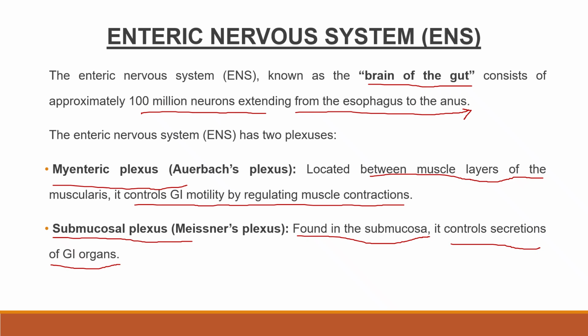The enteric nervous system is also known as the brain of the gut, and the myenteric plexus is present between the longitudinal and circular layer of the muscularis, and helps with GI motility by regulating muscle contraction and relaxation. And the submucosal plexus is the second set of nerves, found in the submucosa, which helps with secretions, like mucosa secretion regulated by the submucosal plexus.